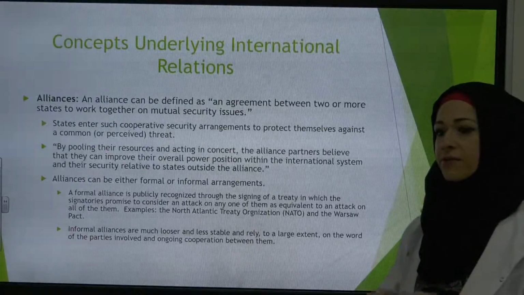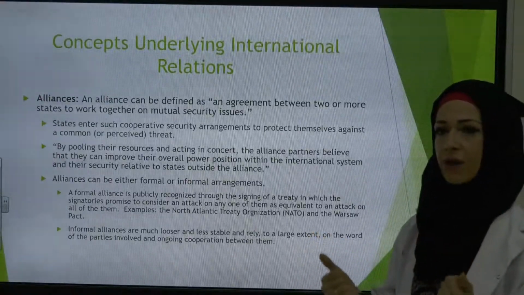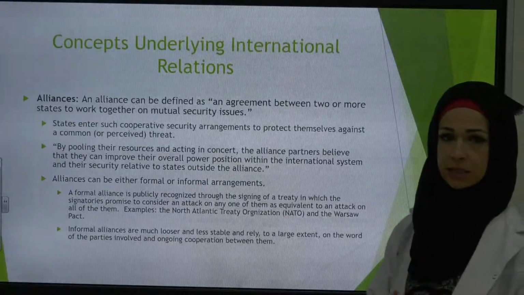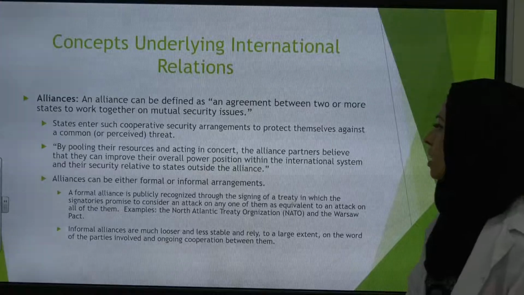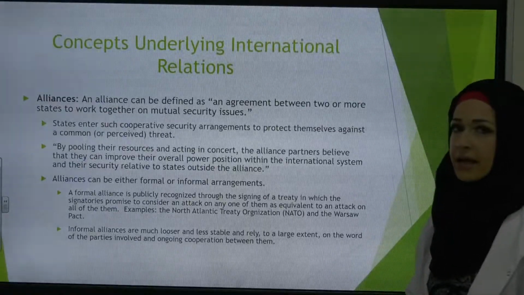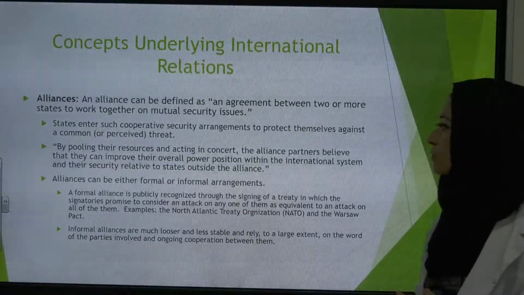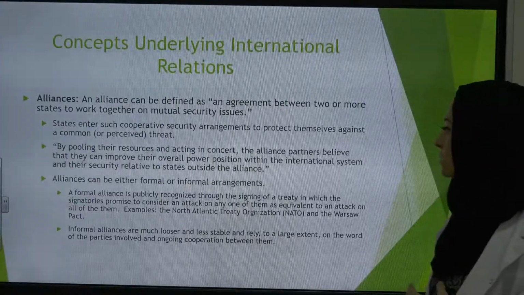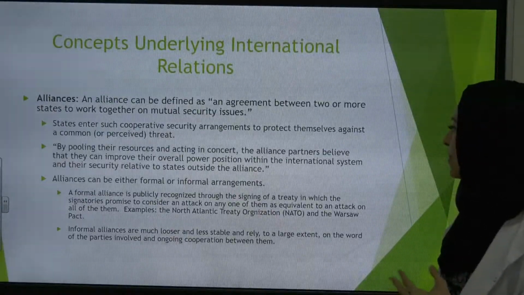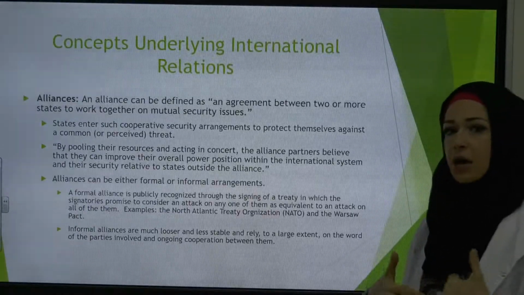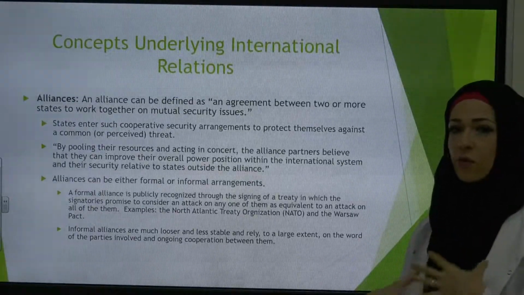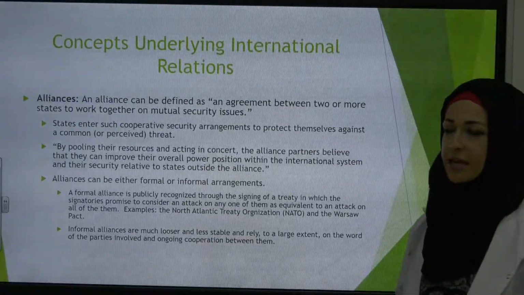So when different states see a threat, they will form alliances in order to work together against a common threat. Now, by pooling their resources and acting in concert, the alliance partners believe that they can improve their overall power position within the international system and their security relative to states outside of the alliance. So this fortifies their stance.